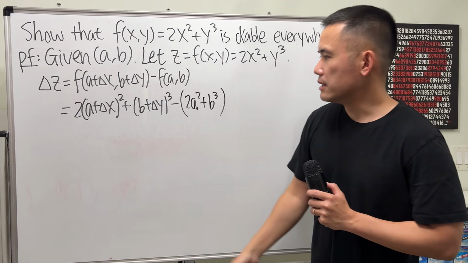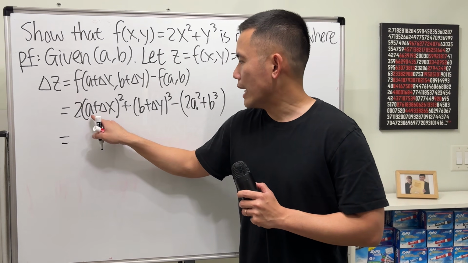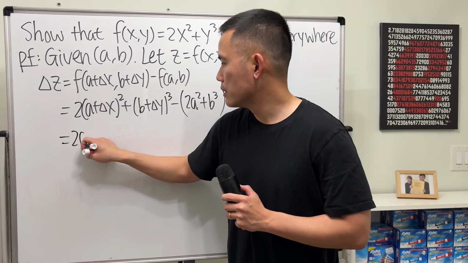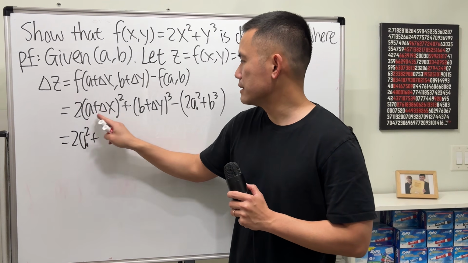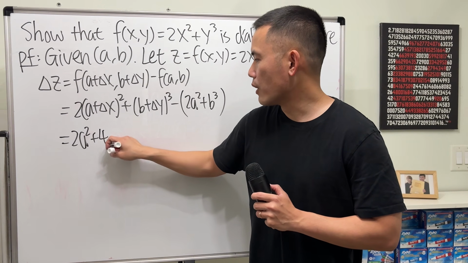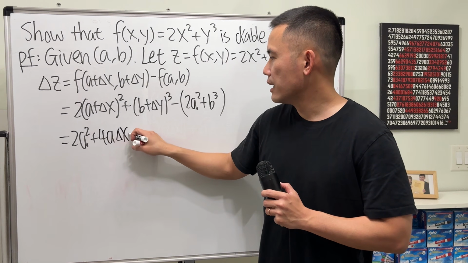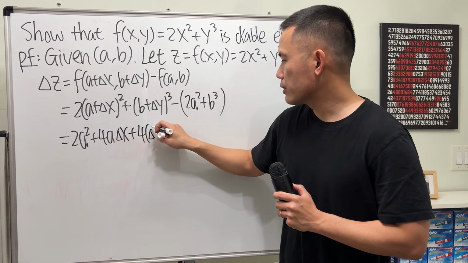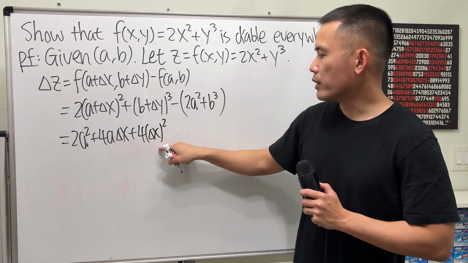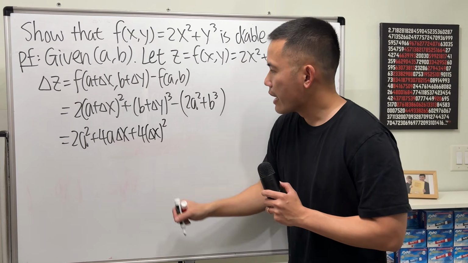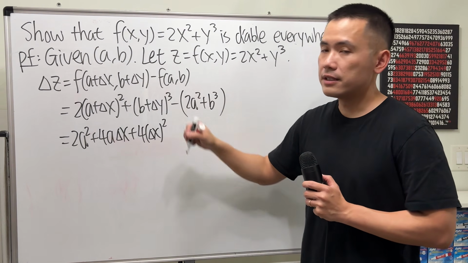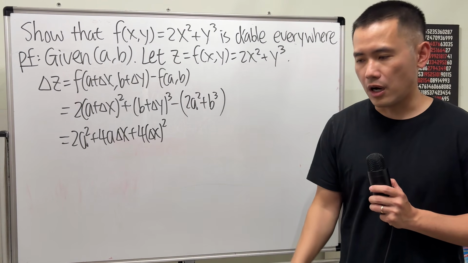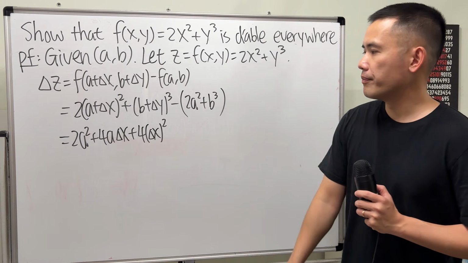And then just expand this. We have a squared times 2, plus 2 times this and that and then times 2, so it's 4a delta x. And then plus this thing squared times that, so it's 2 delta x squared. Put parentheses around the delta x. And then continue. When we expand the third power, remember the coefficients are 1, 3, 3, 1.